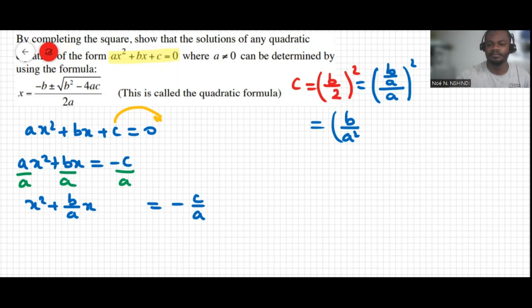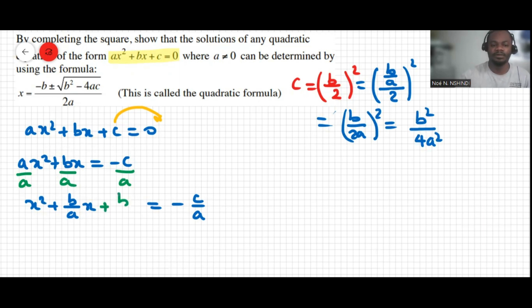So over here it's going to be b over 2a to the power of 2, which is b squared over 4a squared. Then I will add this on the left and on the right hand side, b squared over 4a squared.